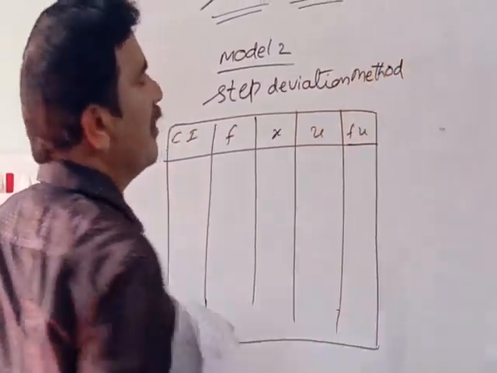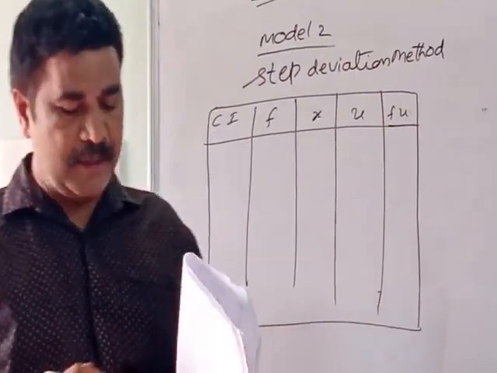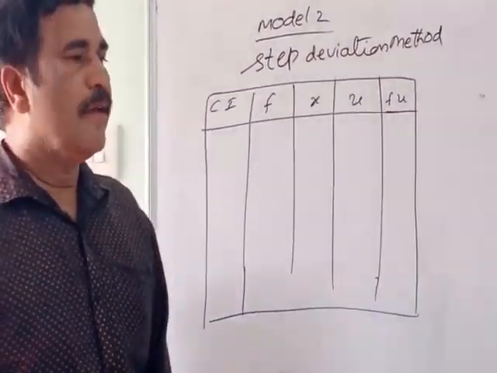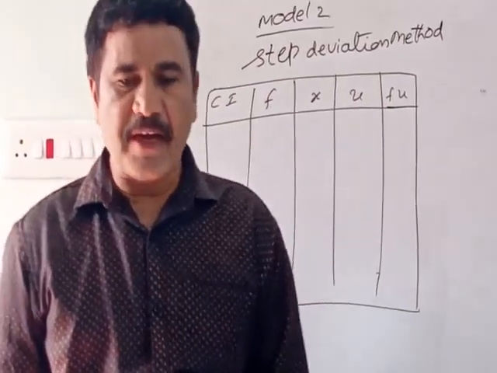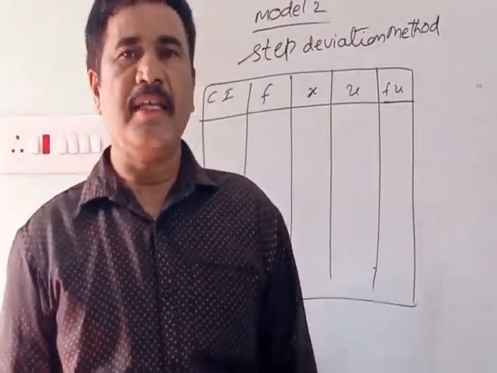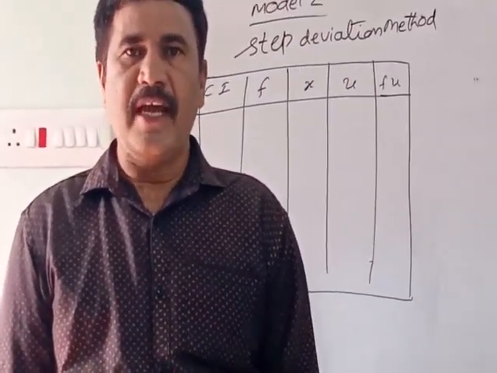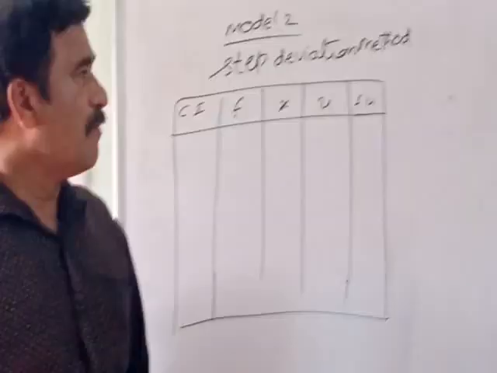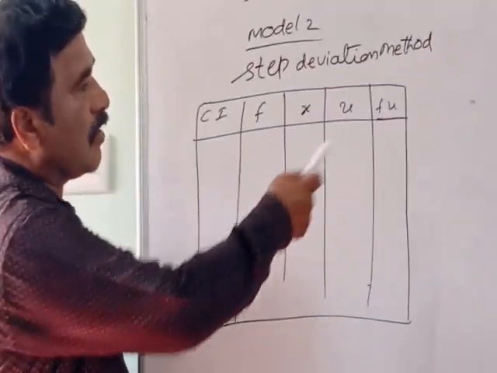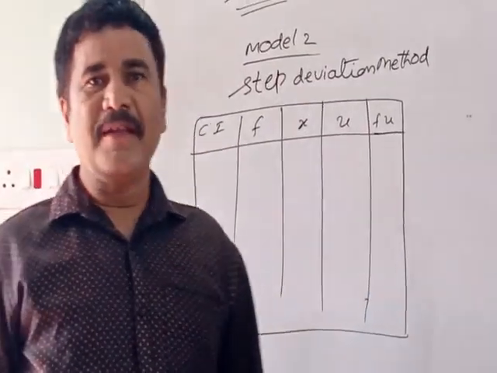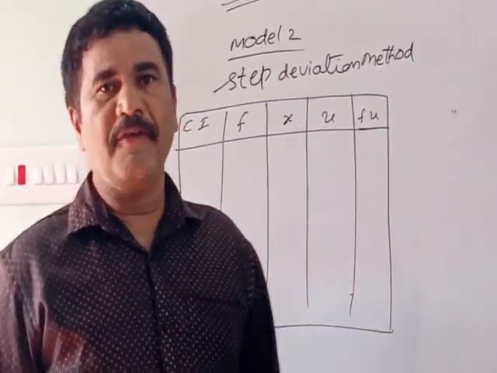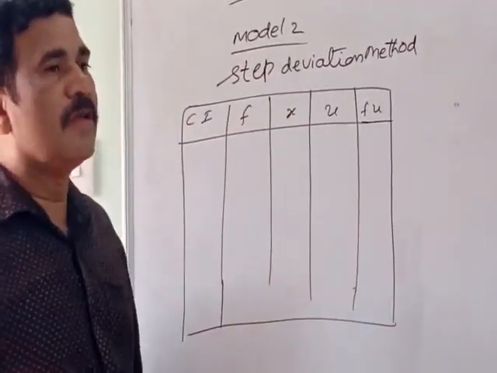When will you use this method? In the normal method, finding fx is difficult because big numbers and decimals come. In such cases, where calculations are complicated, the normal method is difficult to calculate. Therefore, the step deviation method is useful.